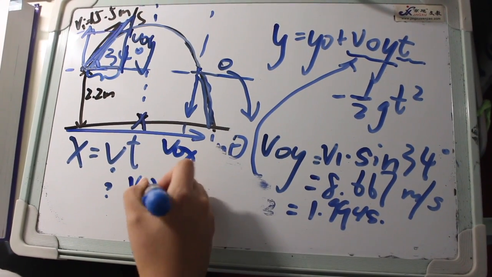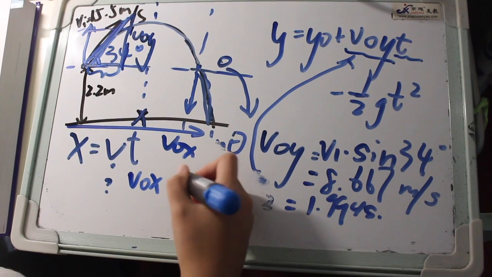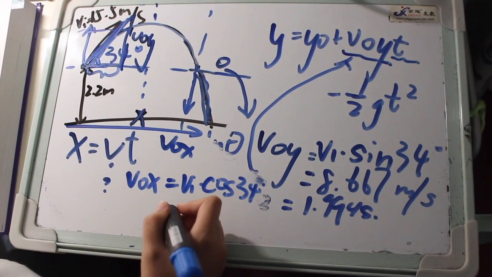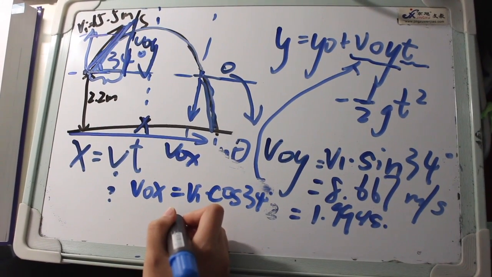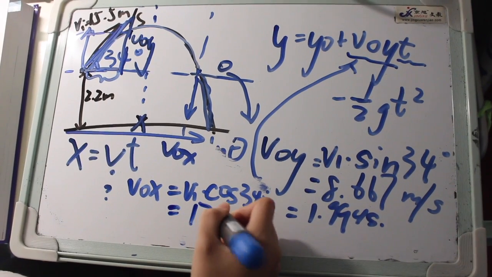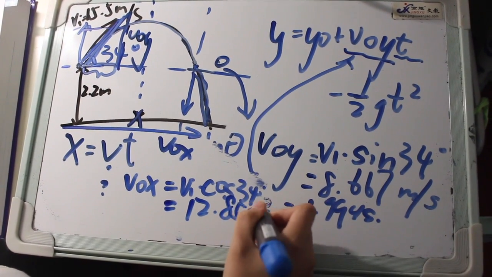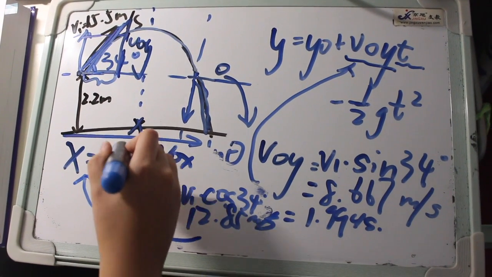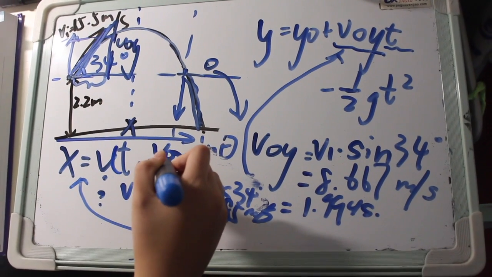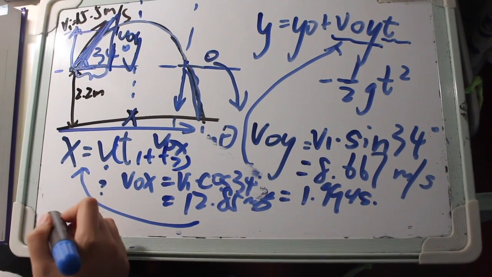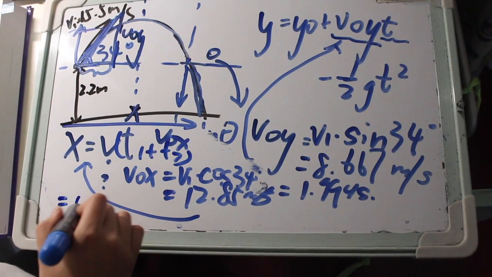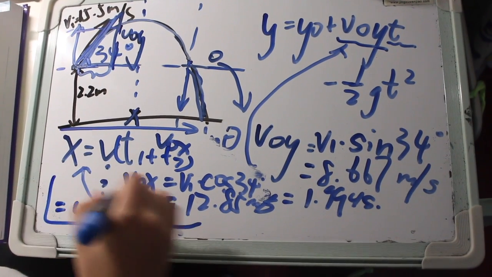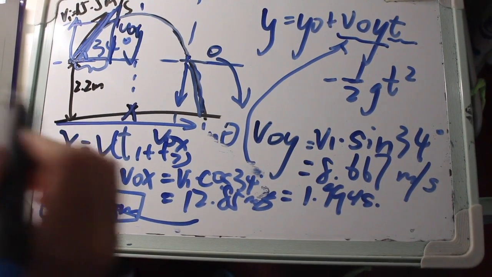The V0x is equal to Vi times cosine 34 degrees, and we know it is 12.85 meters per second. Then the x, t there is t1 plus t2. The x is equal to 48.35 meters. This is our correct answer.